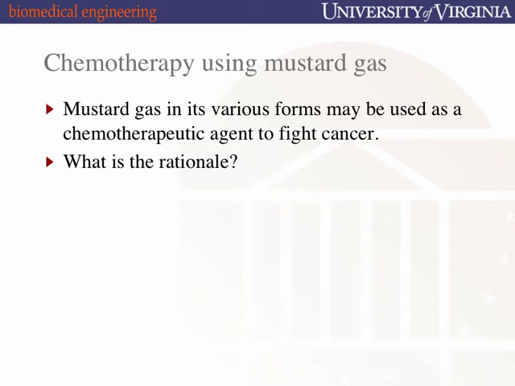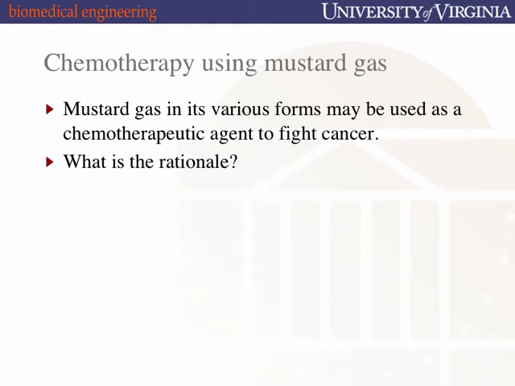All right. So, interestingly, mustard gas and derivatives of mustard gas have actually been used as a chemotherapy. And the theory was that if I have rapidly dividing cells versus your normal cells, which should not be replicating as rapidly, that cancer cells would be more sensitive to this kind of agent than your normal cells.